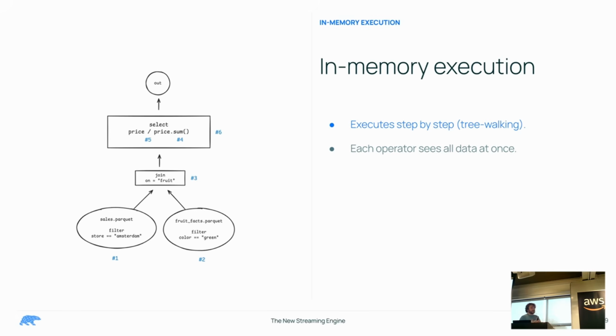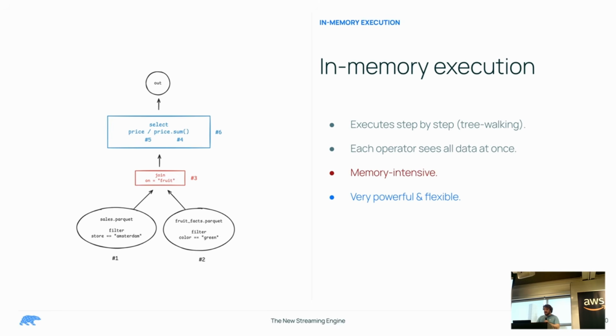So you have the select node, and within the select node, you have these sub-expressions, and you would evaluate each sub-expression one by one until you have the final result. Each operator can therefore also see all data at once. This sum operator sees the entire data frame at the same time, so it can just perform the sum. We'll see later that this can be problematic.